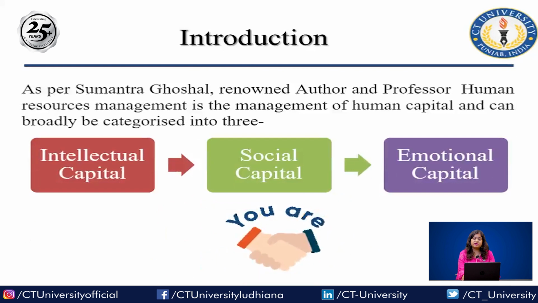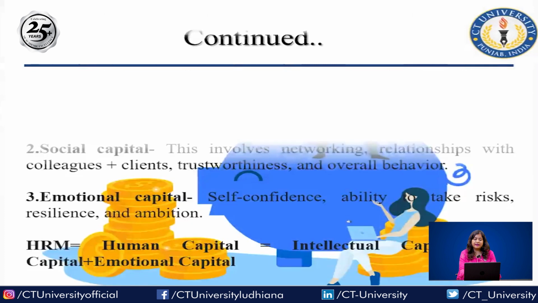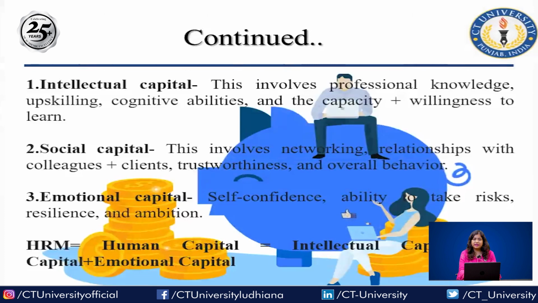HRM is the management of human capital and can be broadly categorized into three parts, that is intellectual capital, social capital and emotional capital. Let us first understand what intellectual capital is. Intellectual capital basically involves the knowledge of the employees in the organization, like how they are working in the company, what kind of skills and abilities they have, whether they are able to accomplish their target on time or not.